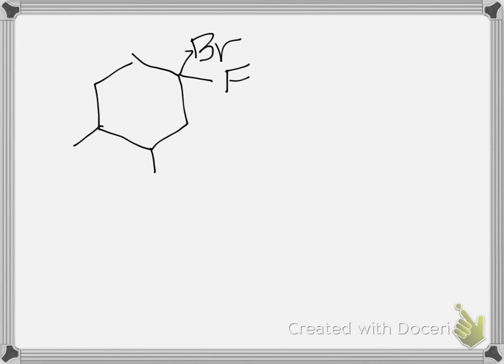So the first branch point in any of these could be, I could have a 1 and then that would be 2, or I would have 1 and then 2, or I would have 1 and then 1. So the first branch point and carbon 1 in the parent is here.